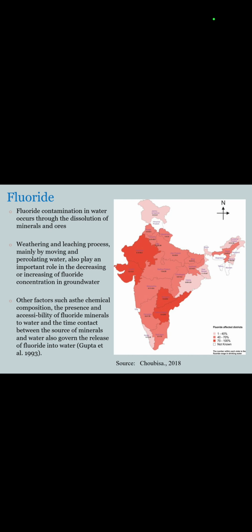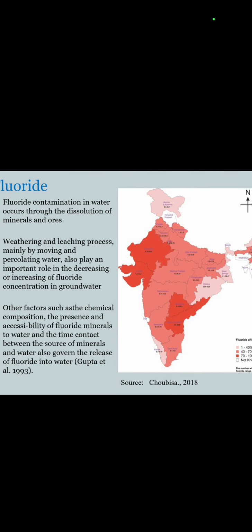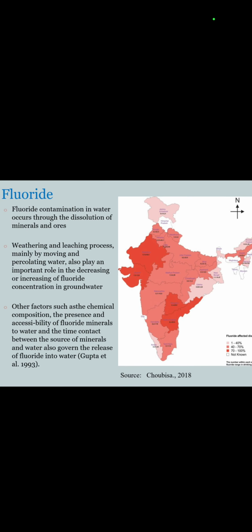So clearly, fluoride again is a geogenic source, and fluoride contamination in water again occurs through the dissolution of fluoride-bearing minerals and ores. Weathering and leaching processes, mainly by moving and percolating water, also play an important role in increasing or decreasing the levels of fluoride in groundwater.